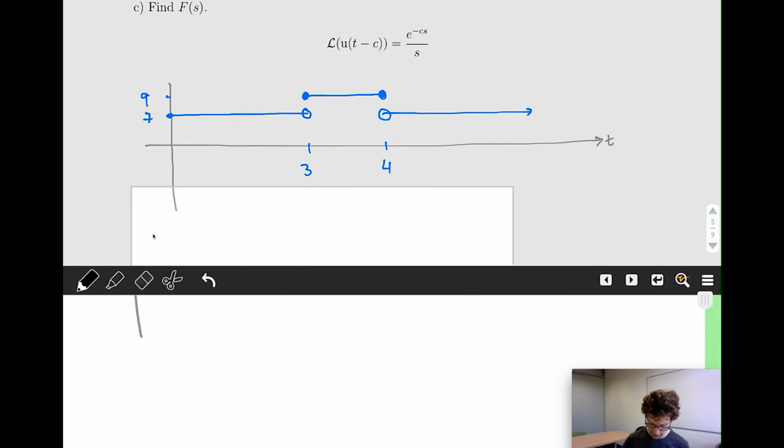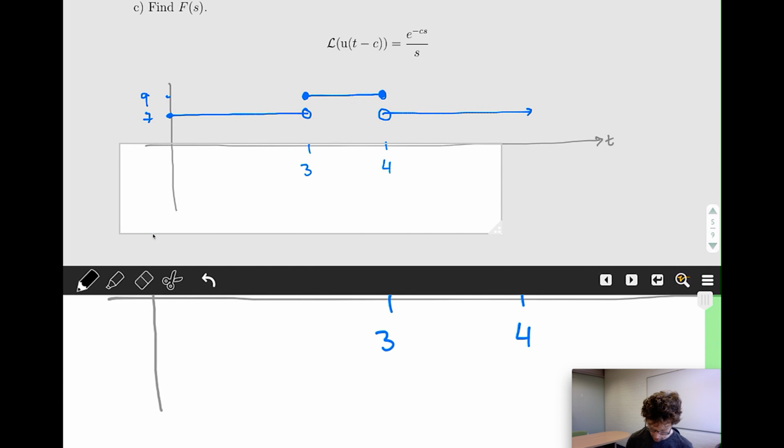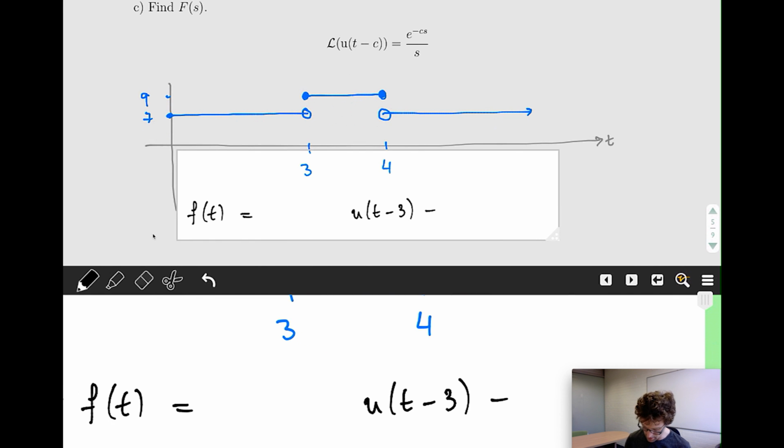So the corresponding switch on, switch off function would be u of t minus 3, switch on at 3, and switch off at 4. So that's the switch on, switch off.